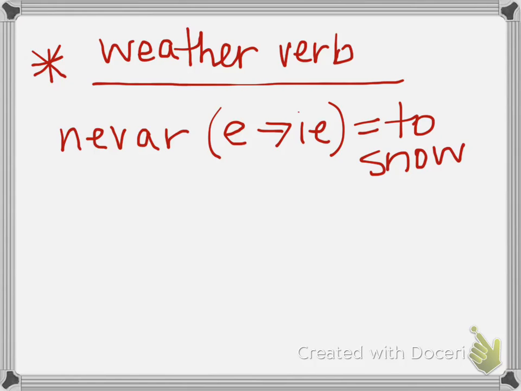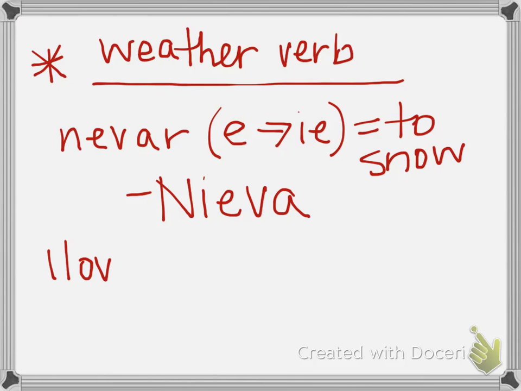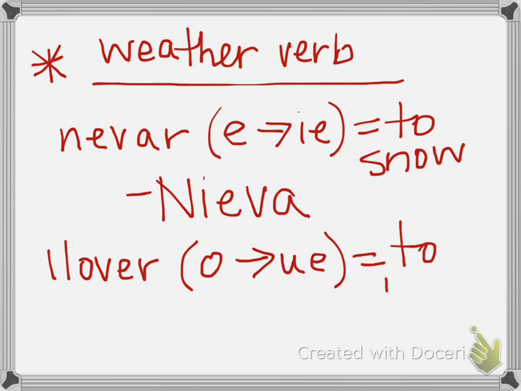Okay, so really you're only going to be using nieva. So it's snowing. And we have llover, which you'll see is also a stem changer, an O to UE, which means to rain. And once again here, you don't normally say I rain, okay? So you're really only going to be using the third person singular, so llueve.